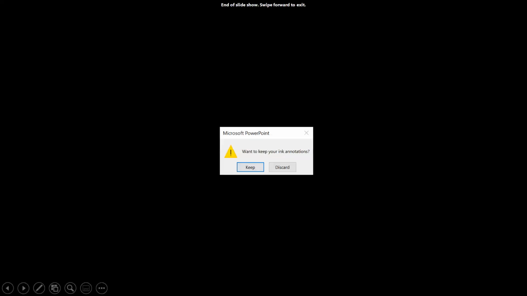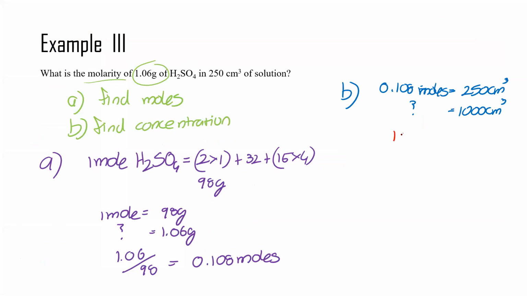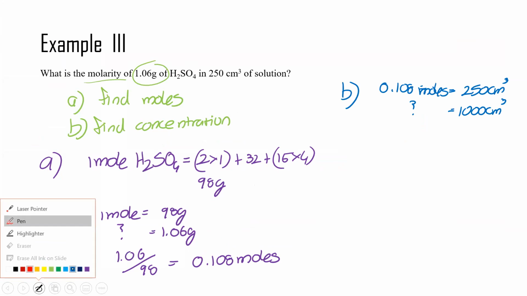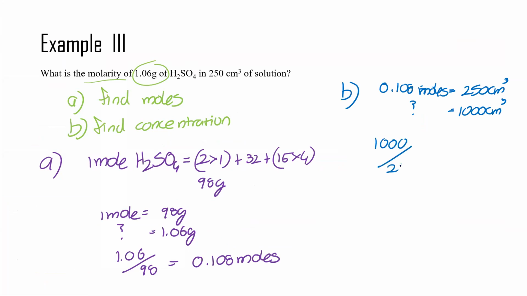It would be 1000 divided by 250 times 0.108, which is going to be equal to 0.432. So the answer is 0.432 moles per decimeter cubed.